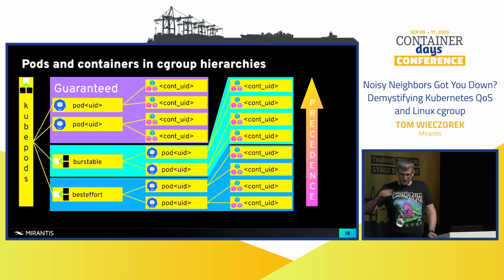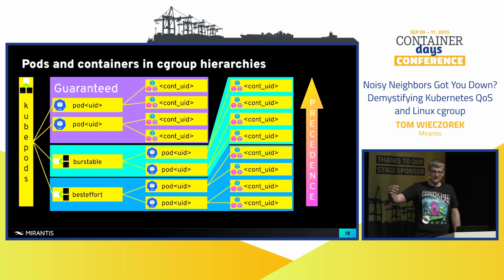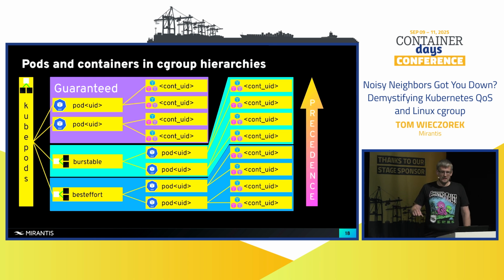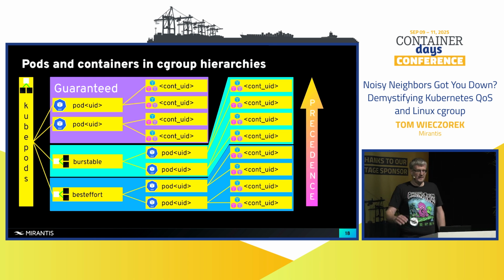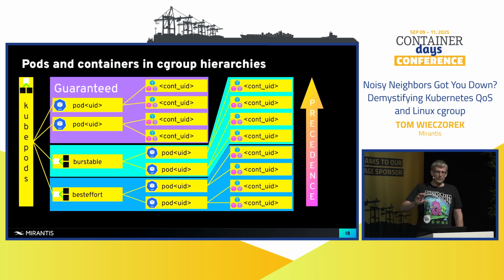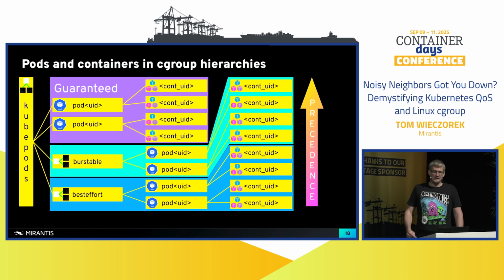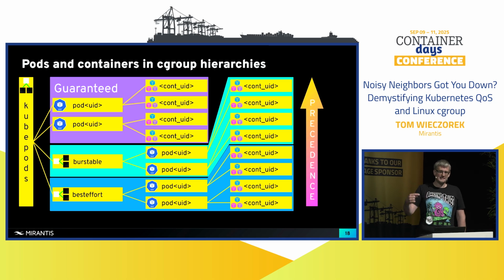You see those three quality of service classes shown here in a color-coded way: guaranteed, burstable, and best effort. To note is that burstable and best effort both get a sub-cgroup assigned, where basically everything is summed up.